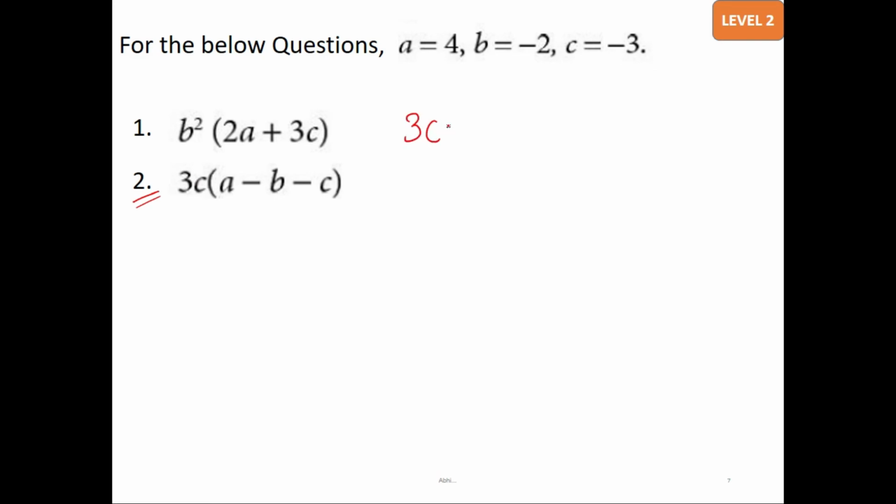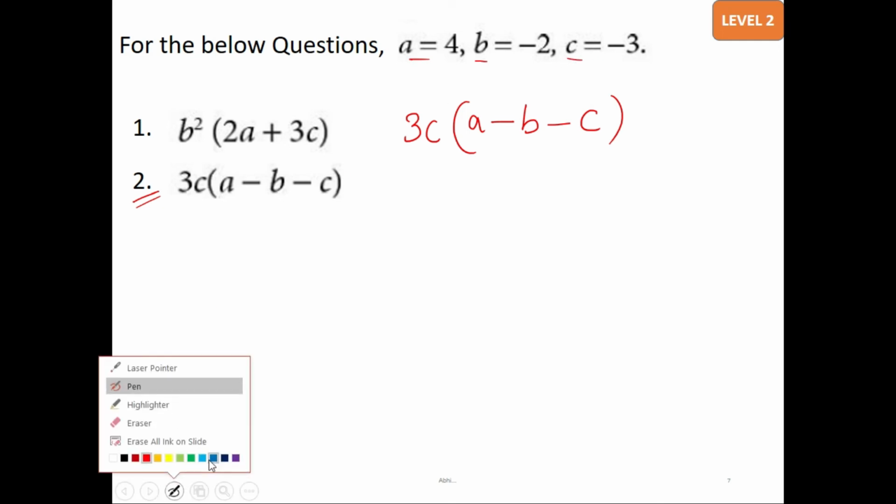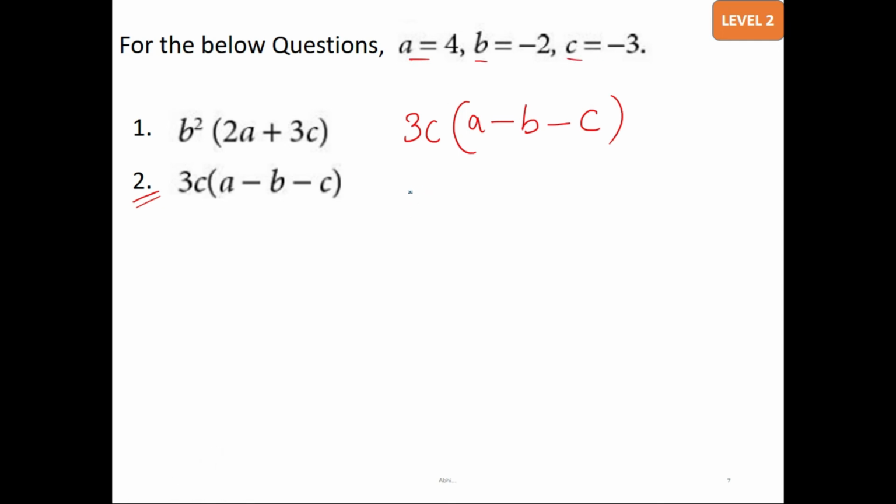Now I'm going to explain the second question here. It's 3C multiplied by A minus B minus C. Now you're going to replace A, B and C again with the given values. So let me replace it. 3 multiplied by negative 3, because C is going to be negative 3. Open the brackets.